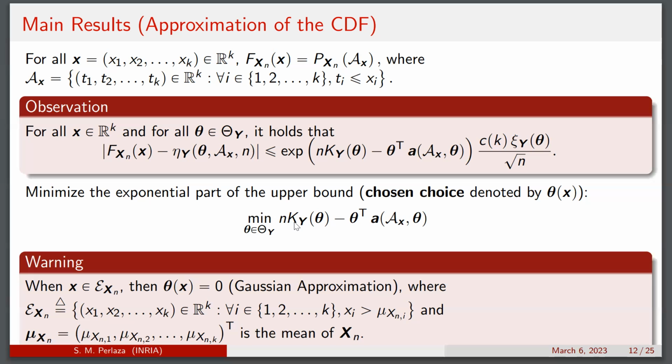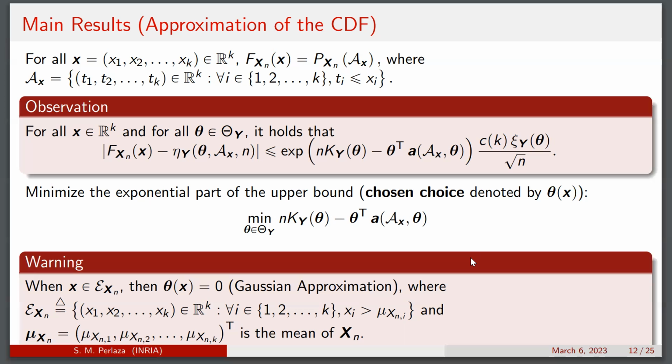If we do that, essentially we need to solve this problem here. The cumulant generating function is infinitely many times differentiable, and then there is no problem. Actually, this has all the beautiful properties: unique solution, everything we want. A warning here is that for some values of x, for a particular set of points at which we may approximate F, theta is going to be 0.